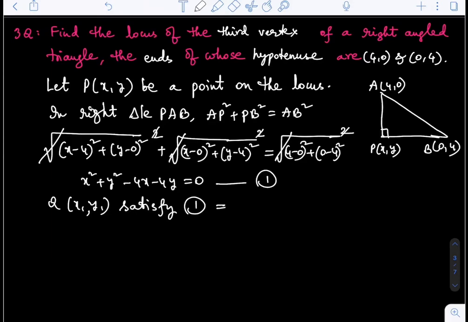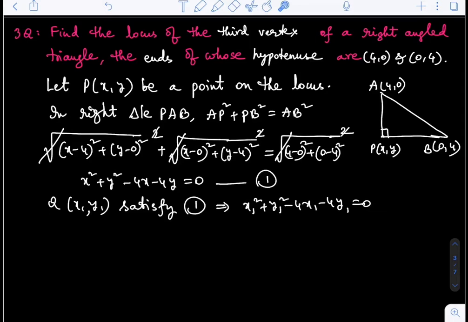It satisfies 1 means we have to write this as x1 square plus y1 square minus 4x1 minus 4y1 is equal to 0 here. It satisfies means you put x1 y1 in it, so that it will become a true statement. That's why we can put it like this. Okay, here Q is different from A and B, no?